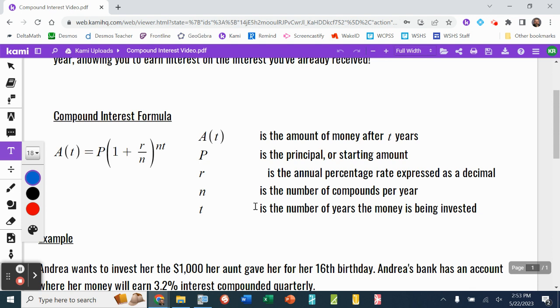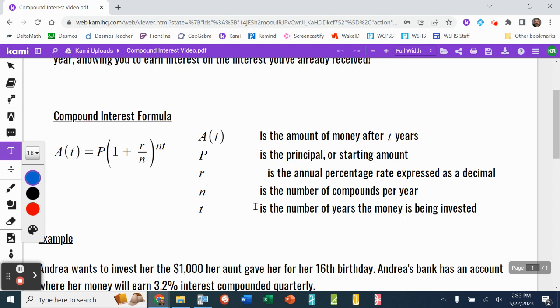That needs to be divided by n, which is the number of compounds per year that's being used for the account. And then that quantity needs to be raised to the n times t power, where t is the number of years the money is being invested. Now, again, the annual percentage rate needs to be expressed as a decimal.